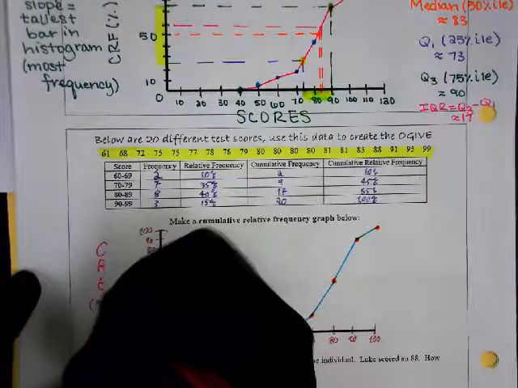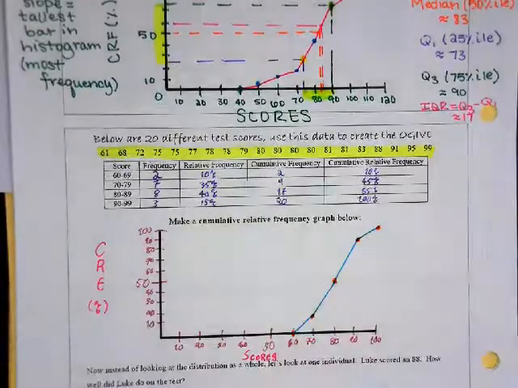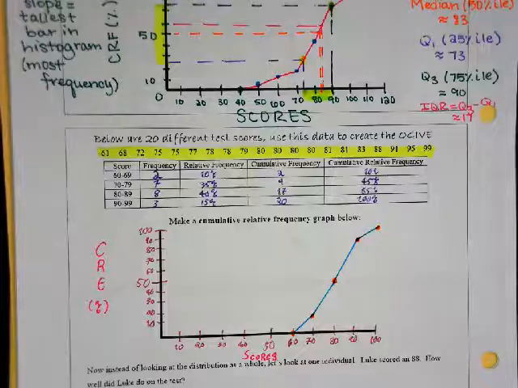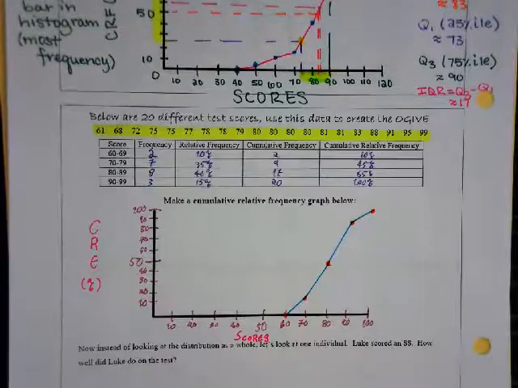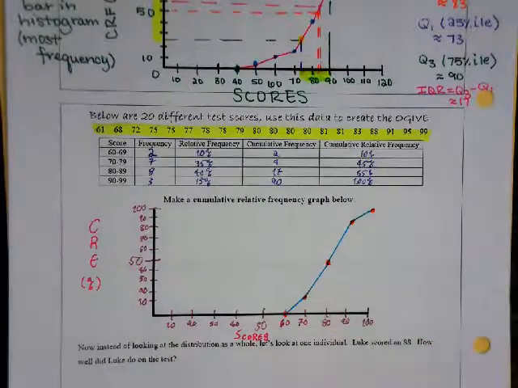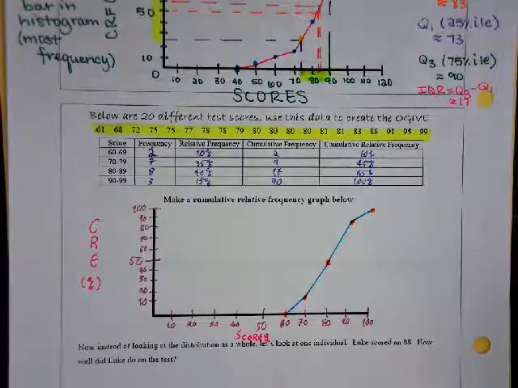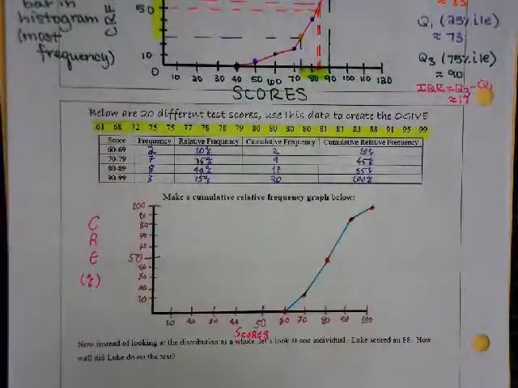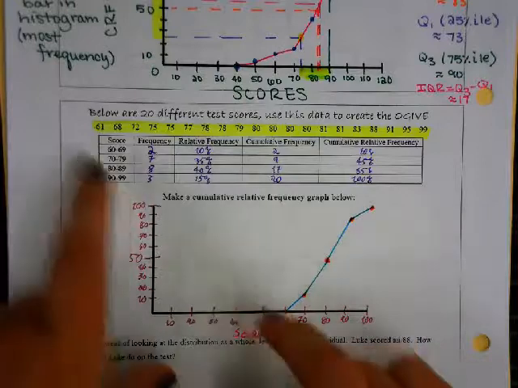Alright, so biggest thing I saw walking around is that some of you forgot to start at 0 for 60. It's a weird thing because we're used to this goes with that, but you're going to start off by 1. So by the time we get to 60, 0% of the test scores fall between 0 to 59.